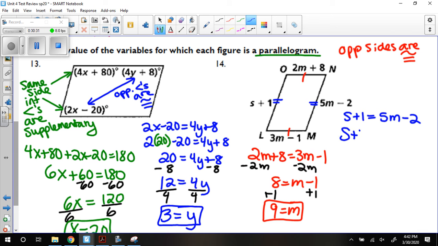So we got s plus 1 equals 5 times our 9 minus 2. So we've got s plus 1 equals 5 times 9 is 45, minus 2 is 43. And we're going to subtract the 1. So s is 42.